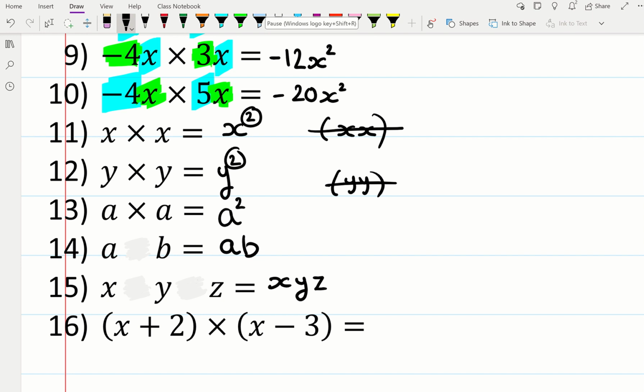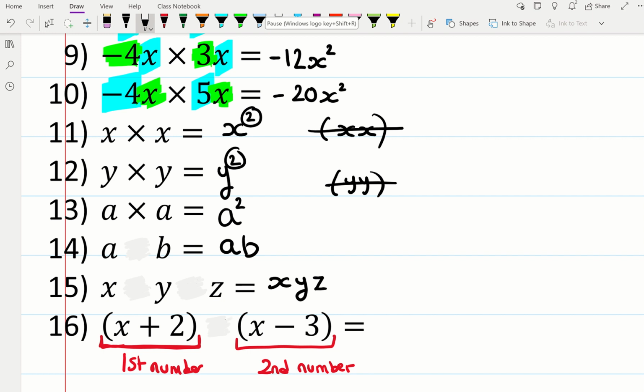Now, this question 16 represents two unknown numbers. This is the first number, and I'm multiplying it by another unknown number. In algebra, we never write the multiplication sign. So if I want to ask you to multiply two brackets, I simply put them next to each other.